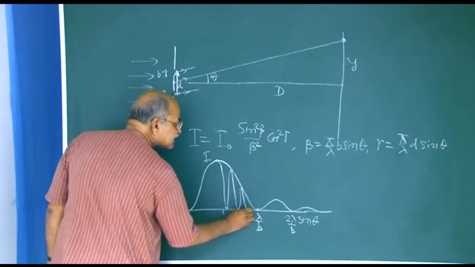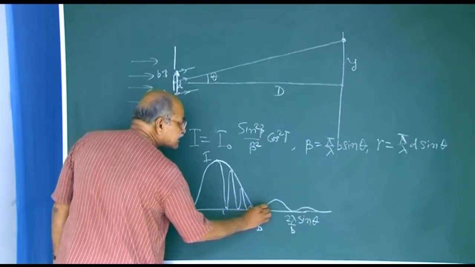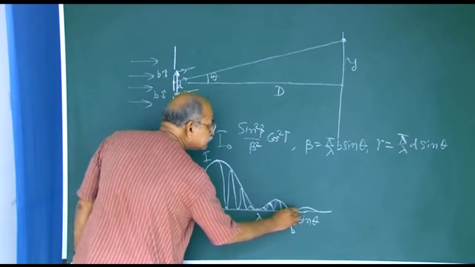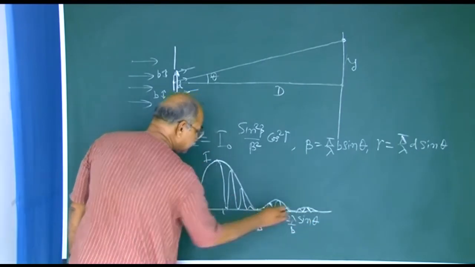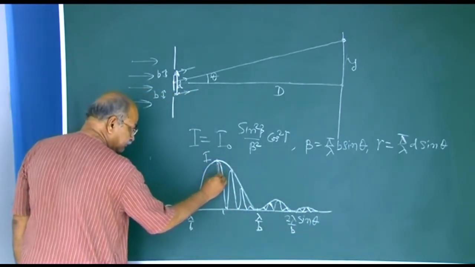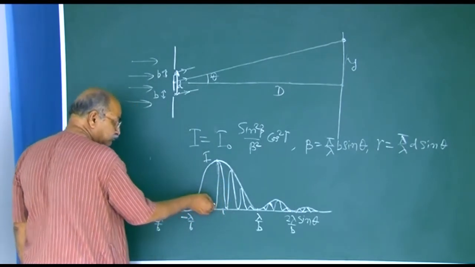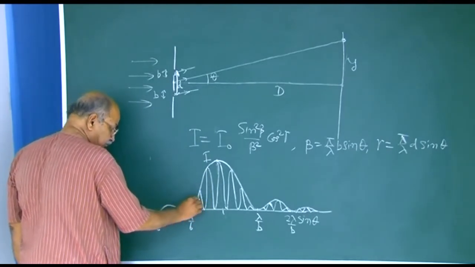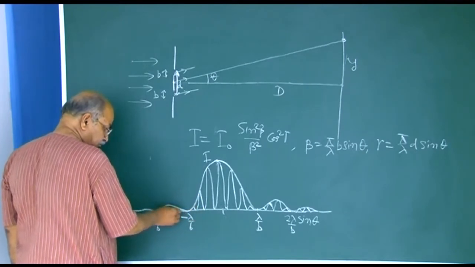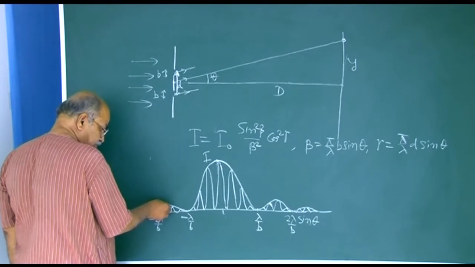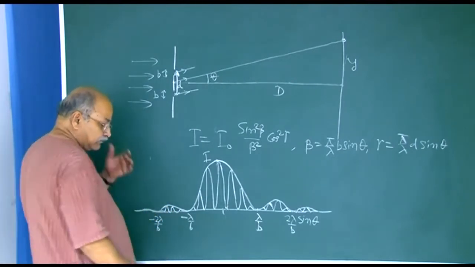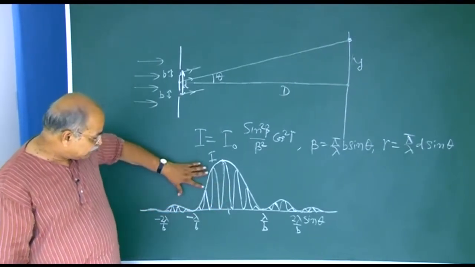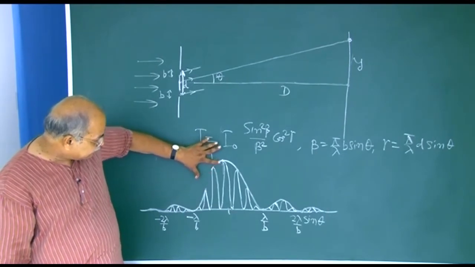The diffraction one was just an overlap, just an envelope. So the intensity variation is given by this inner line. If you wish, you can remove that outer envelope, and this gives you the intensity.